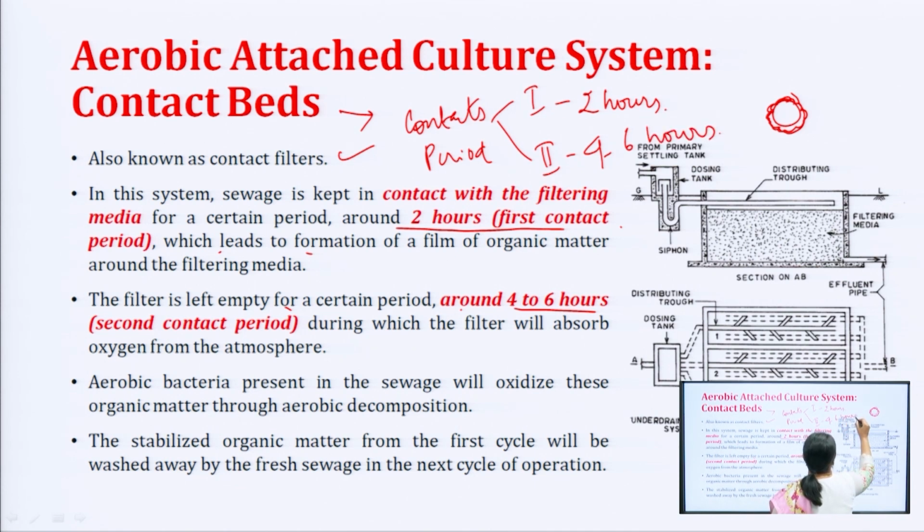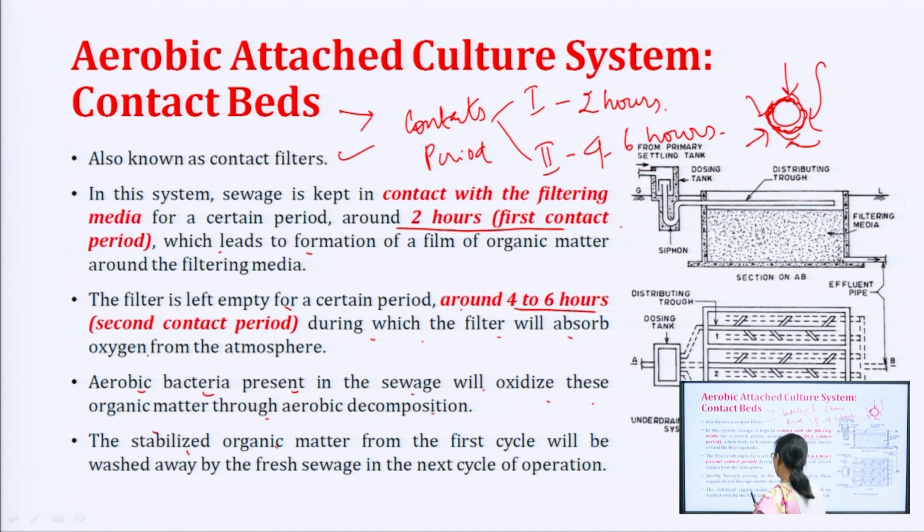So, in contact beds you have two types of contact period, during which the filter will absorb oxygen from the atmosphere. Once the water is gone, oxygen will come in and they will have ample oxygen, so aerobic decomposition is going to take place. Aerobic bacteria present in the sewage will oxidize this organic matter through aerobic decomposition, right.